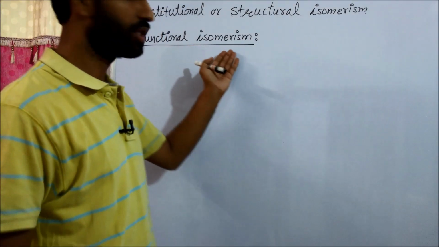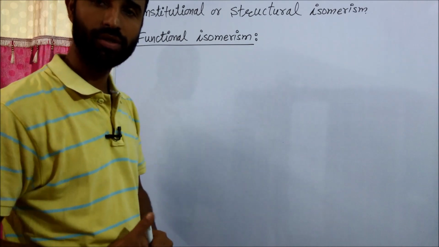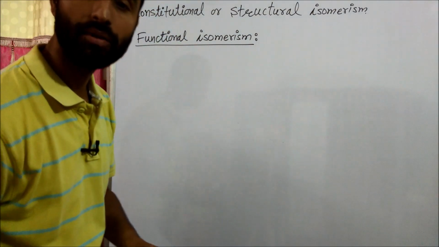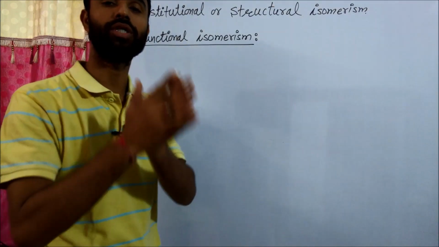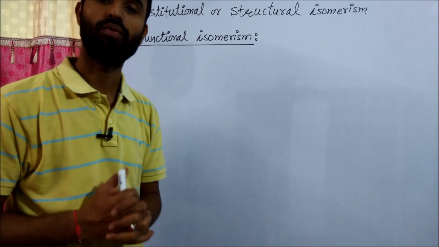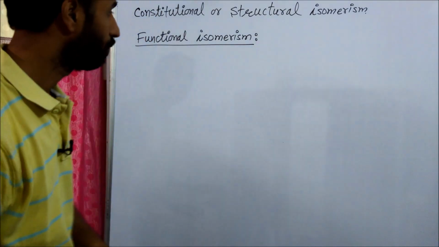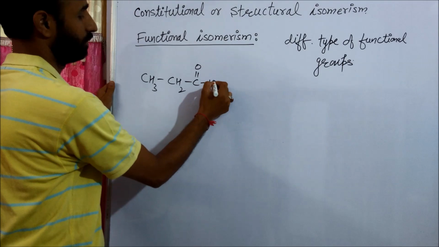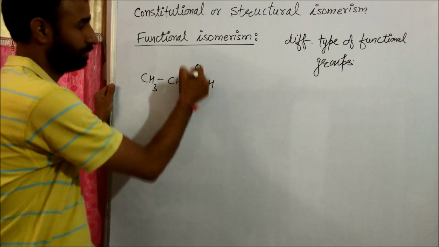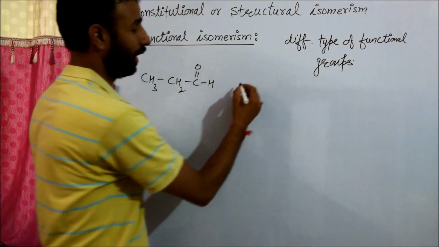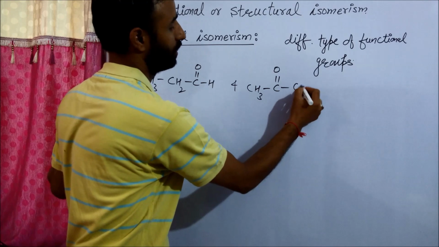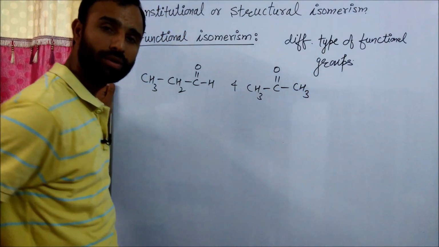So functional isomerism, as the name suggests, is different compounds having the same molecular formula but different types of functional groups. For example, this is an aldehyde, CHO group, and this is known as ketone.